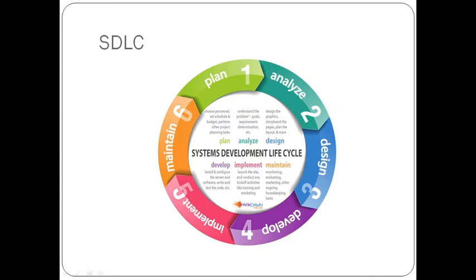Design means the problem is already there and we collected the data. Then how are we going to create a solution? Before creating a solution, we have to design it. What type of problem is it? That means we want one plan, that is the blueprint.